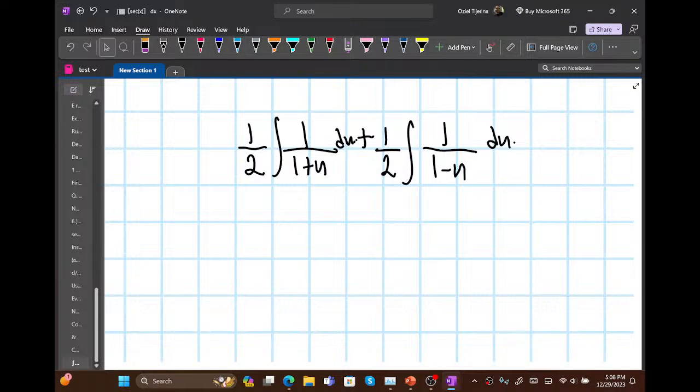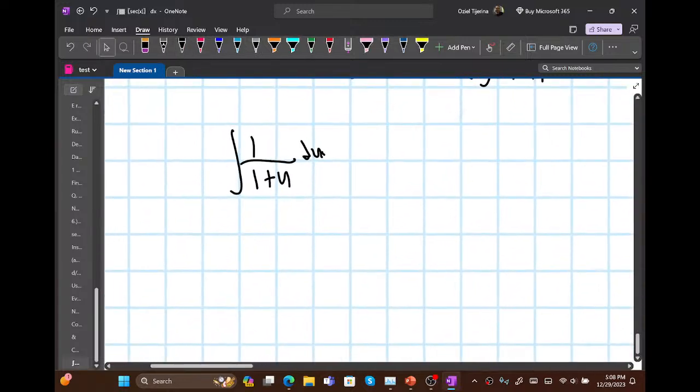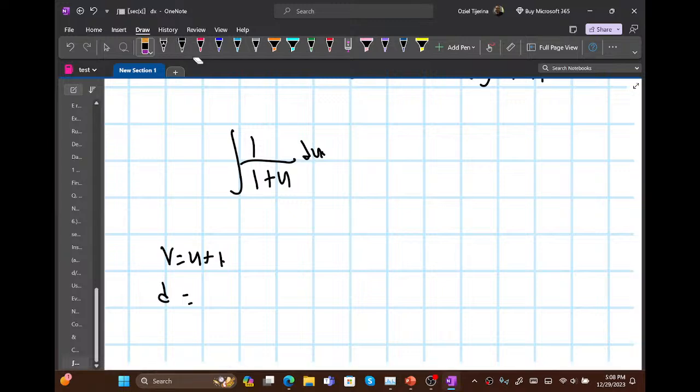So if I do the integral of 1/(1 plus u) du, I can let v equal u plus 1, and dv is going to be du.